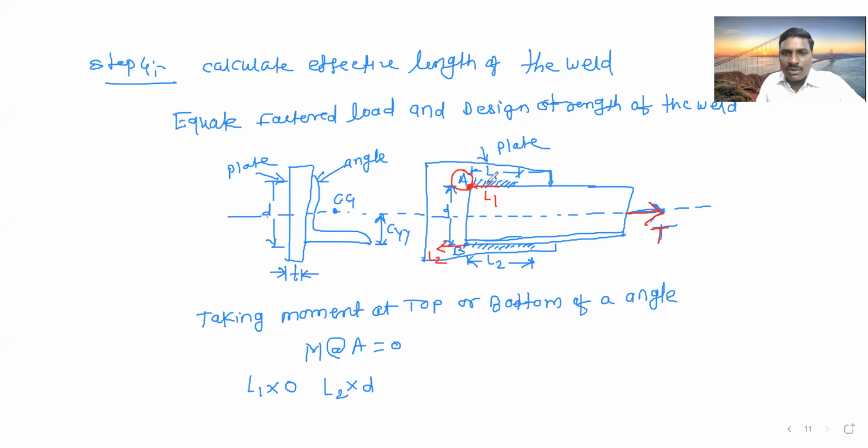L1 ची हॉरिझॉन्टल डिस्टन्स 0 झालं. L2 चं हॉरिझॉन्टल डिस्टन्स how much? This is the D. Up to A, the force into perpendicular distance. What is moment? Moment is the force into perpendicular distance. So L2 force is there. L2 into D, where L2 is the force and the perpendicular distance is D.